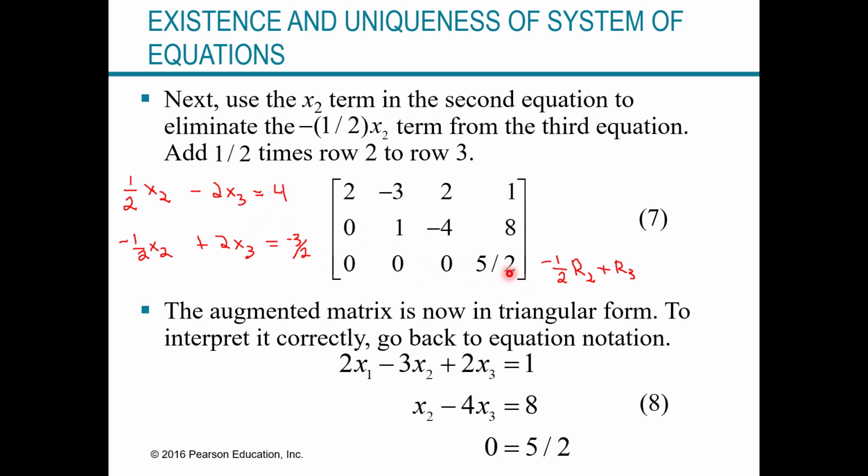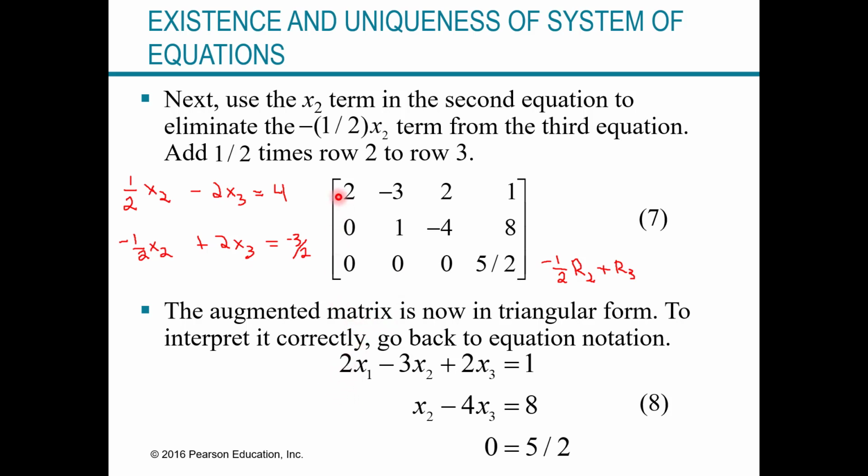Usually we would keep going, but we're going to stop here because of what this is telling us. This augmented matrix is in triangular form because we have zeros down here in this triangle. To interpret this, think about what it says as equations.